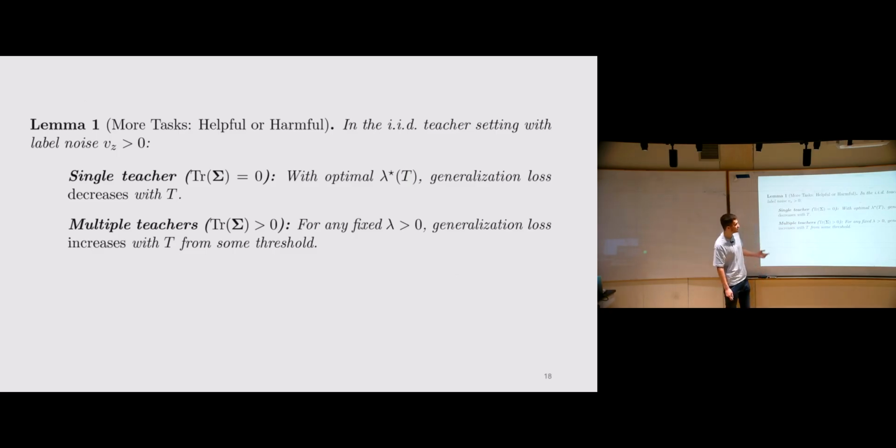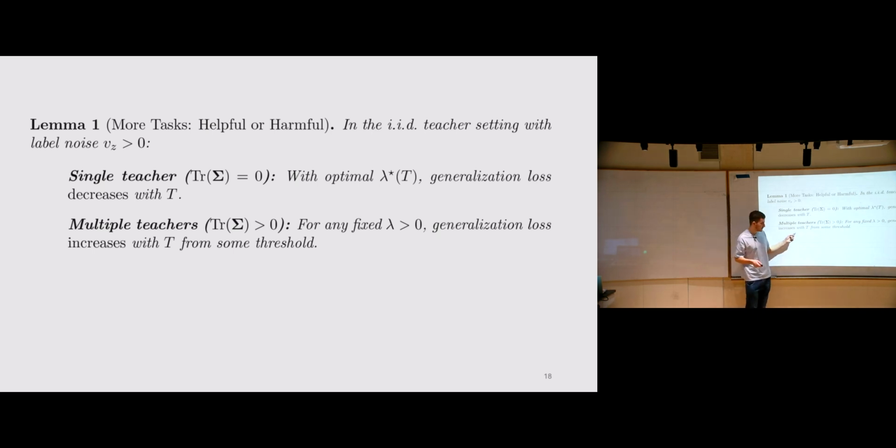So our first lemma says that in the i.i.d. teacher case, if you employ the first scheme, the explicit regularization with some label noise which is greater than 0, then if you have a single teacher, right, W1 star equals WT star, then the generalization loss will decrease with the number of tasks if you use the optimal regularization strength.